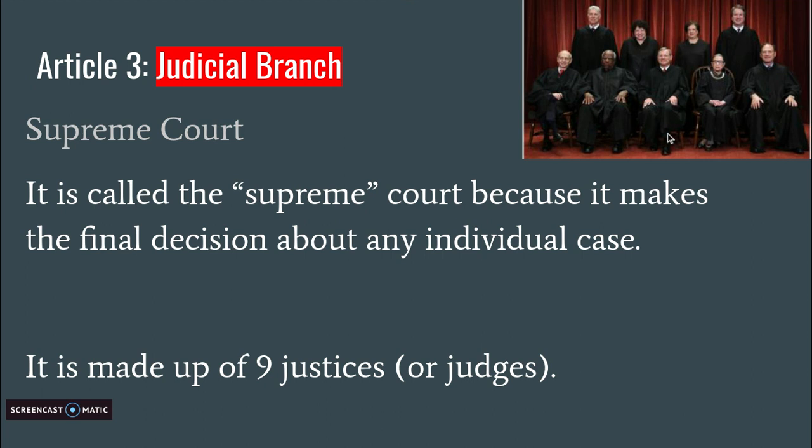The man in the center is John Roberts. That is the Chief Justice, or the head of the Supreme Court. And then you have the 8 associate justices, the other 8 justices of the Supreme Court.